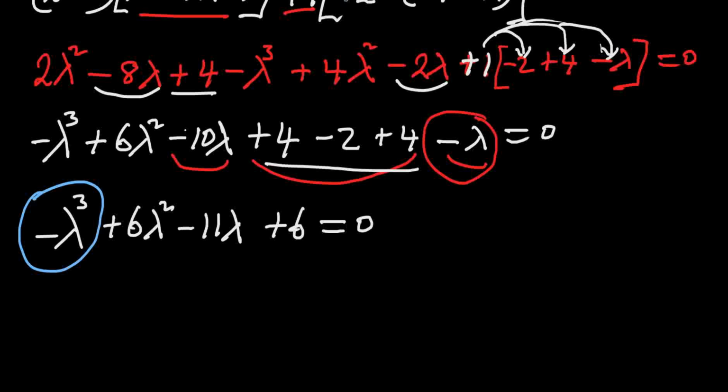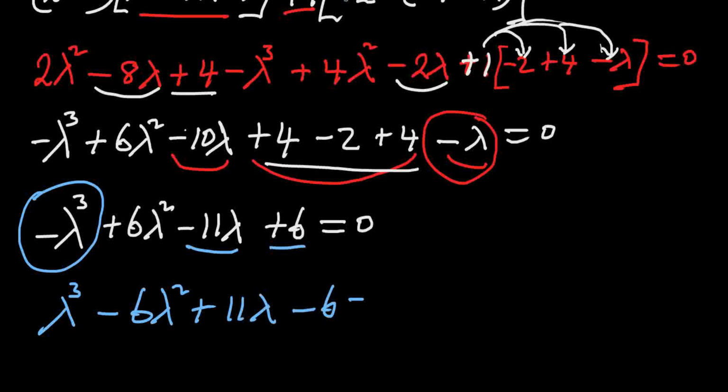So if you multiply negative lambda cube by negative 1, this will become positive lambda cube, and then plus 6 lambda squared times negative 1 will give us negative 6 lambda squared, and negative 11 lambda times negative 1 will become positive 11 lambda, and plus 6 times negative 1 will give us negative 6 equals 0 times negative 1, which is 0.